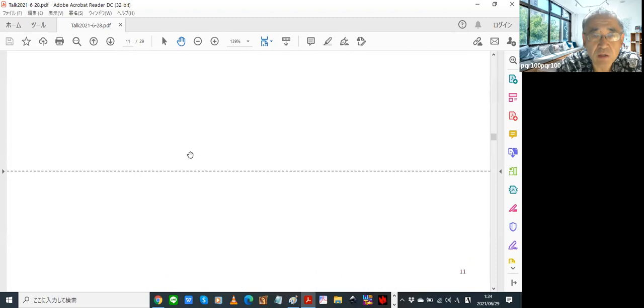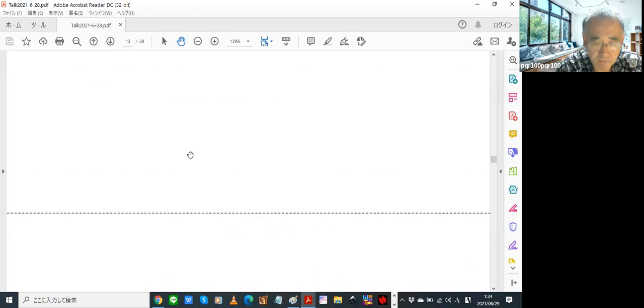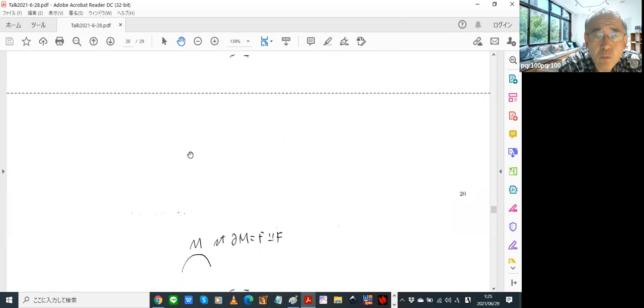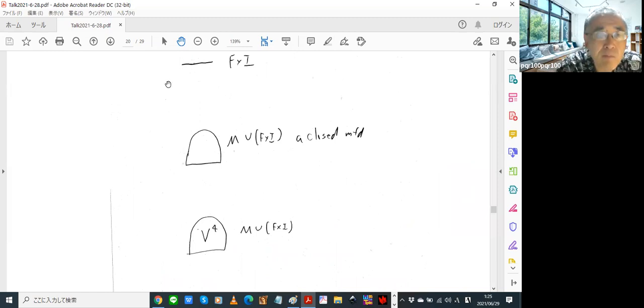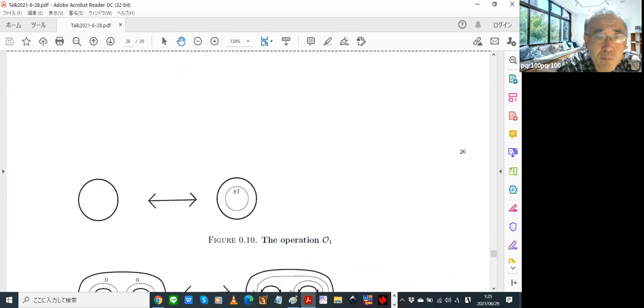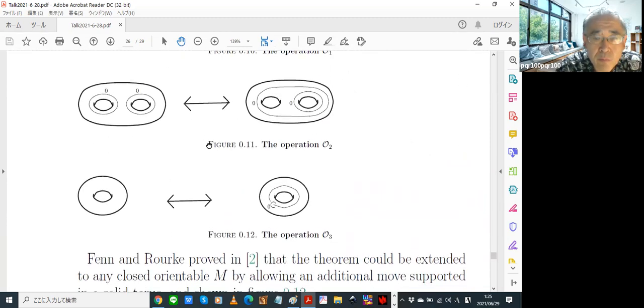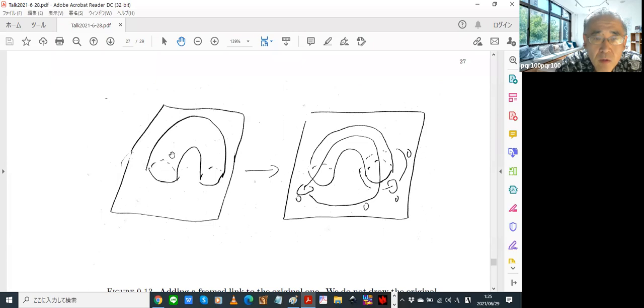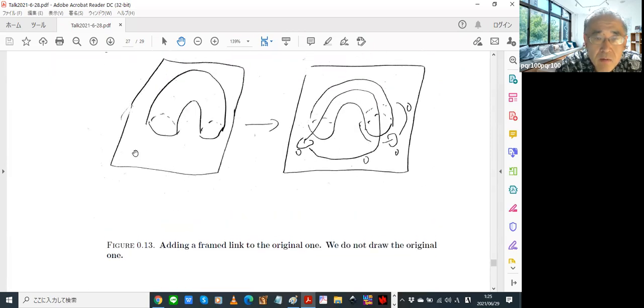We proved it. The idea is as follows. This is a part of the surface, and of course there is a framed link, a part of which I omitted.